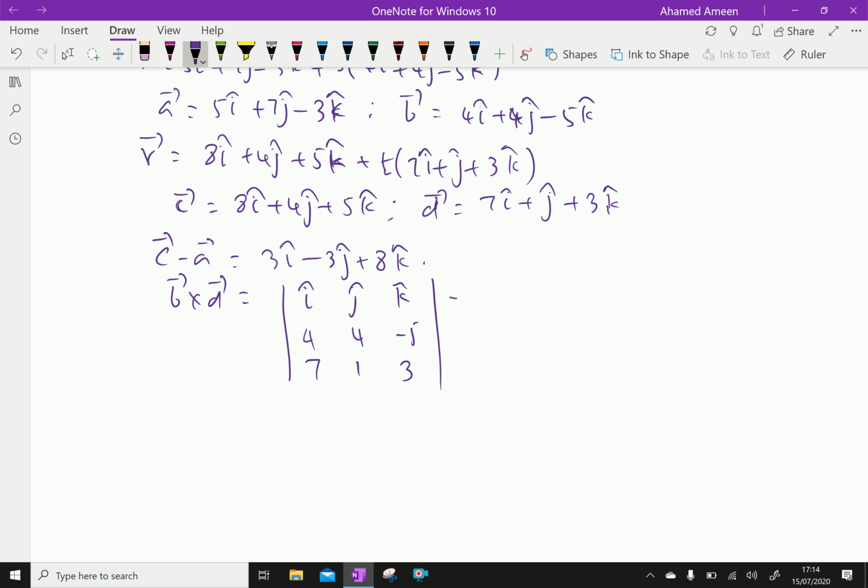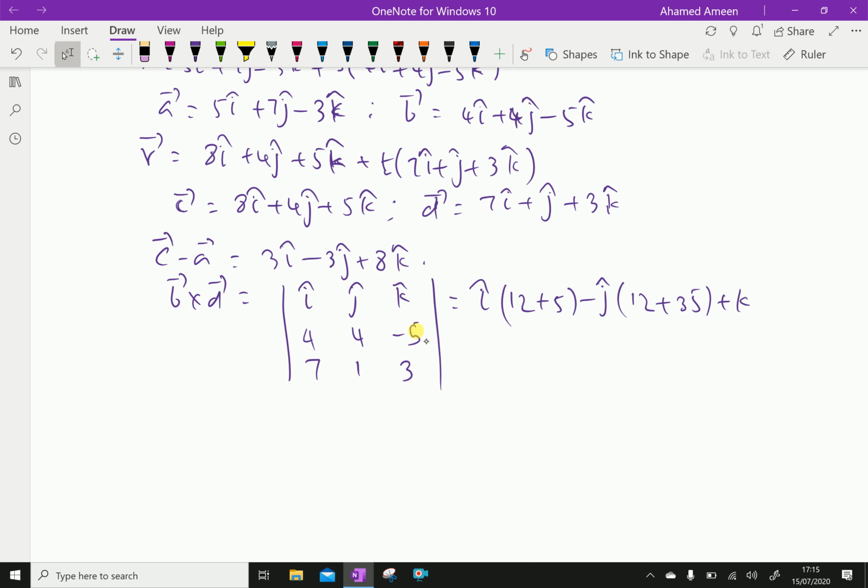Let us expand this. i: 4 threes are 12, minus of minus 5 is plus 5, which gives 17i. Then minus j: 4 threes are 12, and 7 fives are 35, minus of minus 35, so minus 47j.